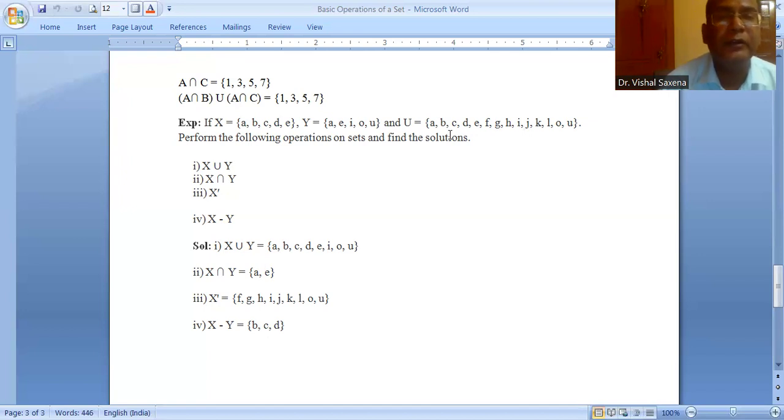It means we have to subtract X from the universal set U, and therefore A, B, C, D, E lying in set X will not come in this X dash. So what will come there?